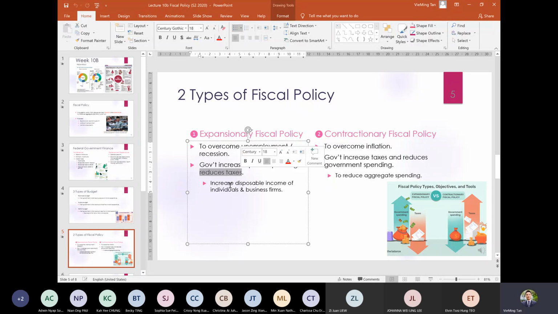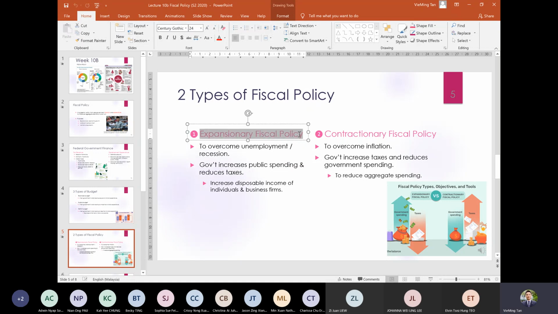So in short, if the economy is not good, the government should try to implement expansionary fiscal policy. How to do so? There are two tools: increasing government spending and, at the same time, reducing taxes charged on individual firms and households.